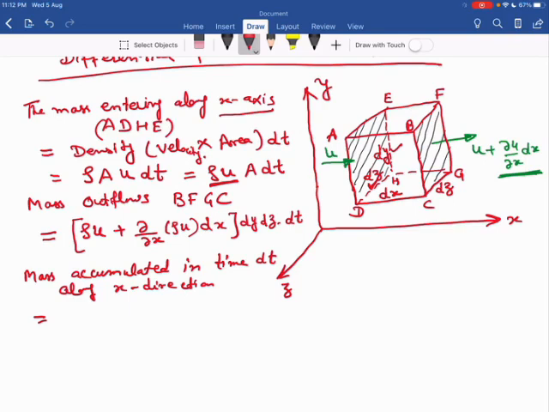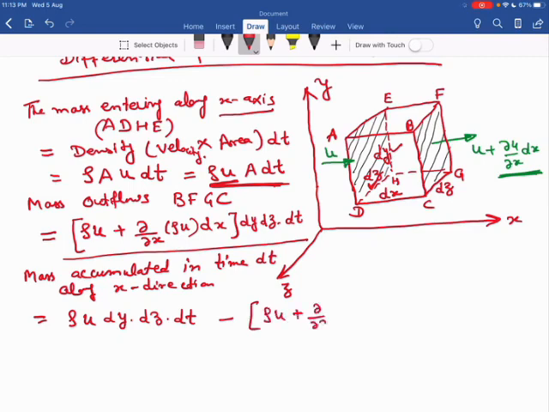So mass entry is rho u, with area replaced by dy into dz, into dt, minus rho u plus curly by curly x of rho u dx into dy dz into dt.